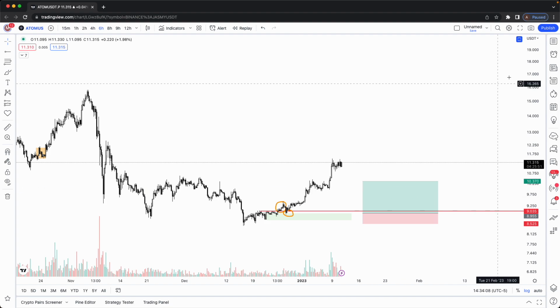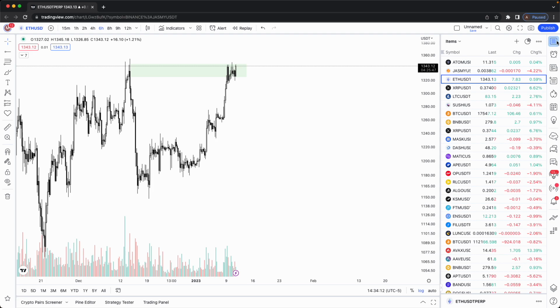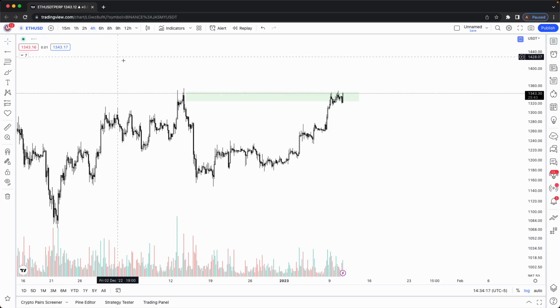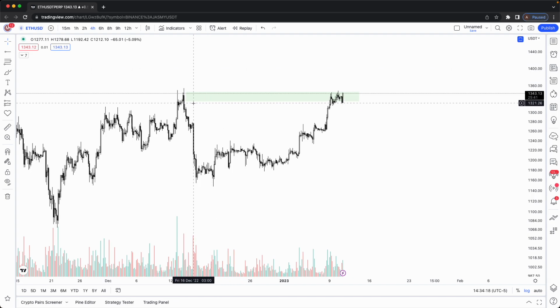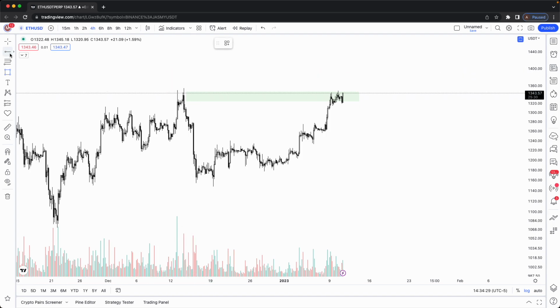And there you go. Now, as we speak, there is another example of an Ethereum trade on a 4-hour time frame. So you can see that there is an order block formed here.